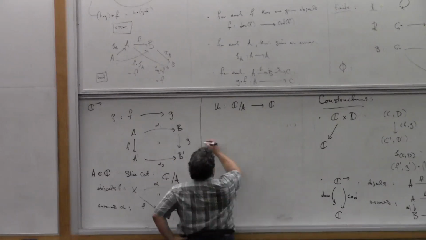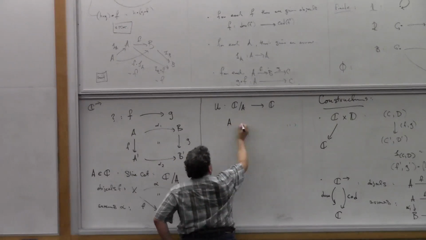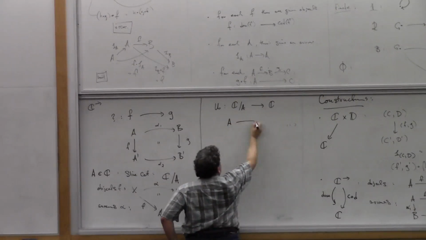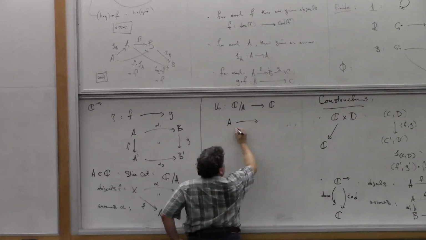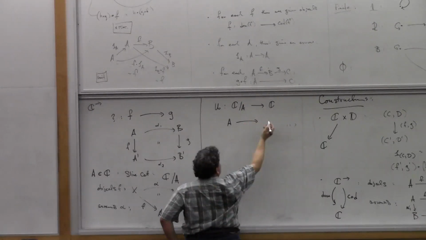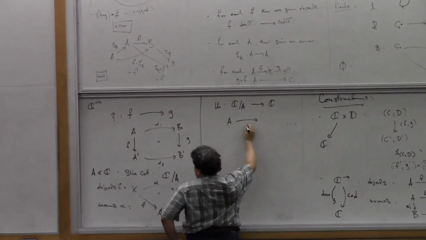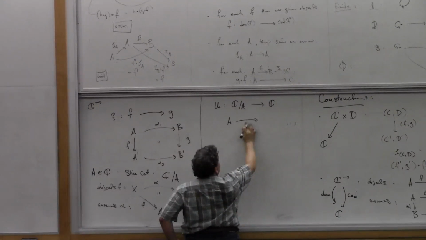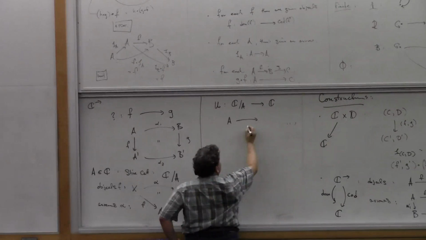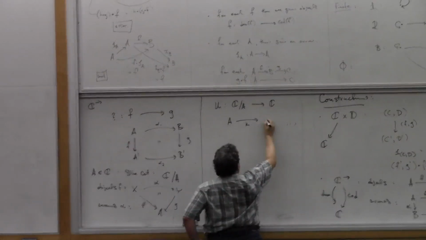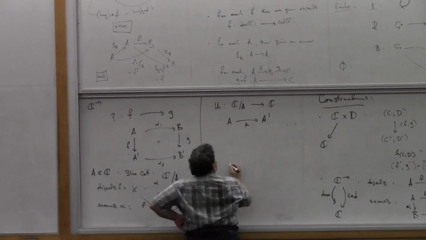And another thing that you can do is this. Let's suppose we have a map K here, from A to A prime.